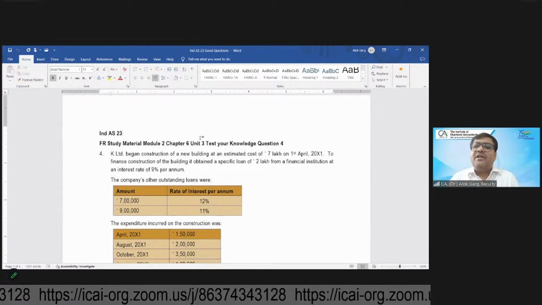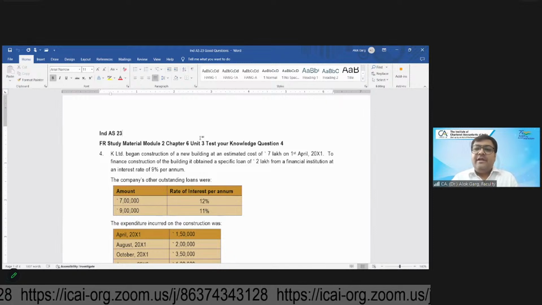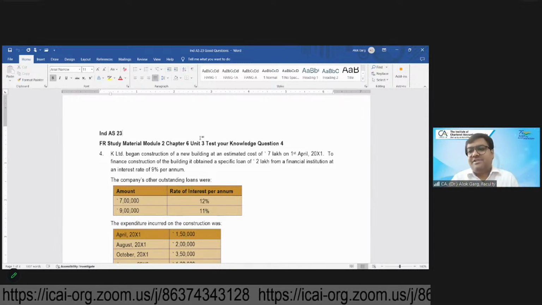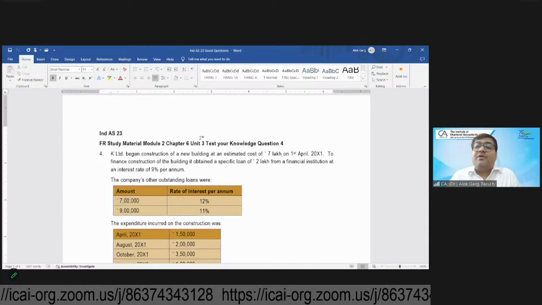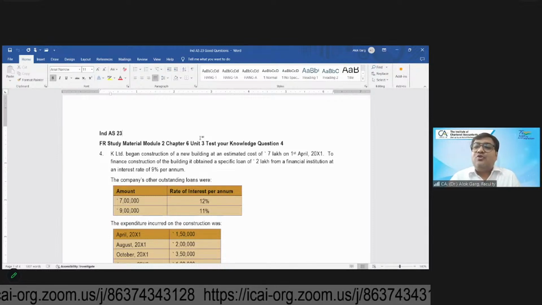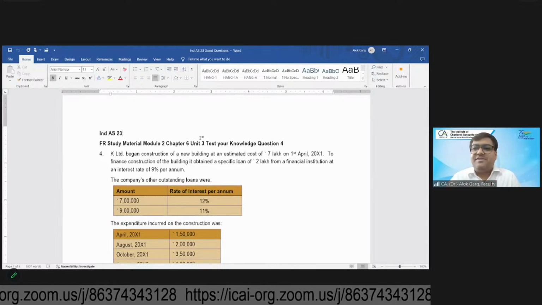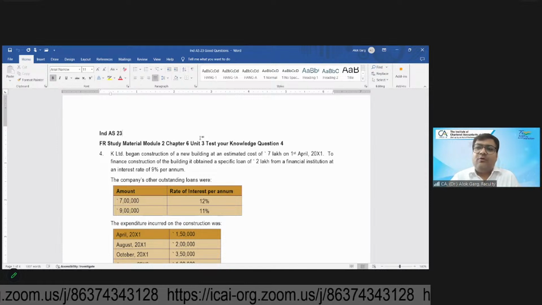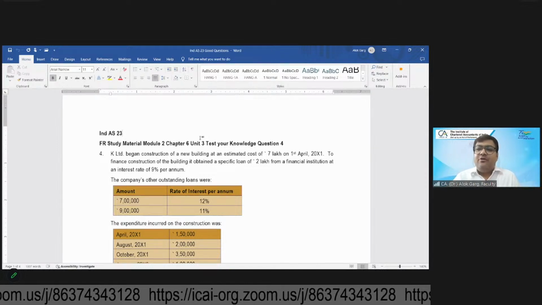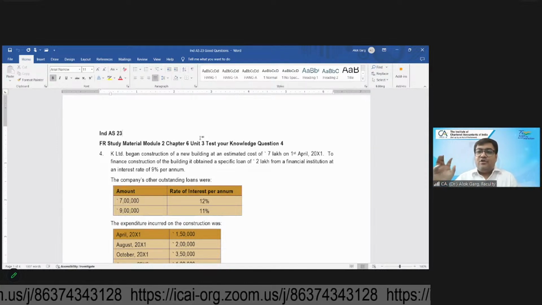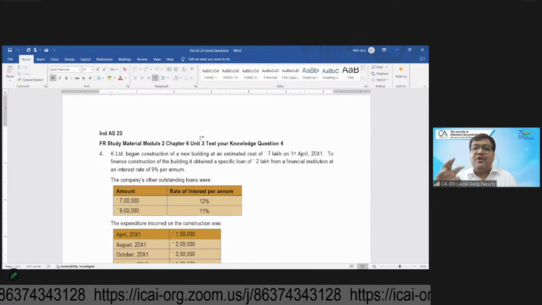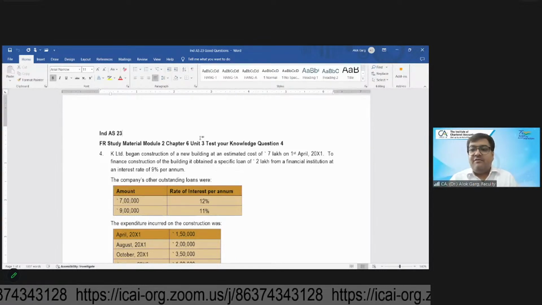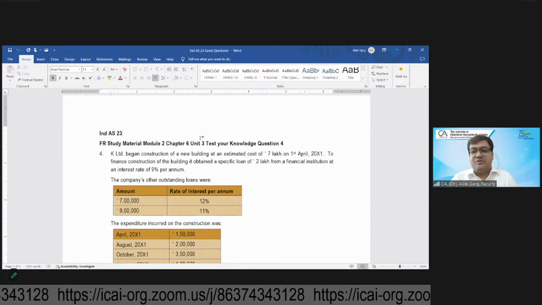And while computing the cost of the borrowing, you may have some idle funds. For example, if you have taken a loan for construction of a building, all the funds will not be deployed on the first day, correct? You took a loan of, let's say, 10 lakh rupees, and you are deploying it gradually. So you are parking your idle funds in some temporary deposits, which will give you some temporary income also.